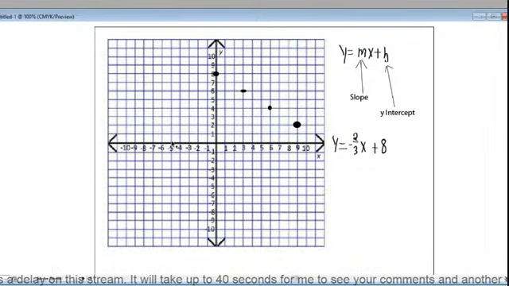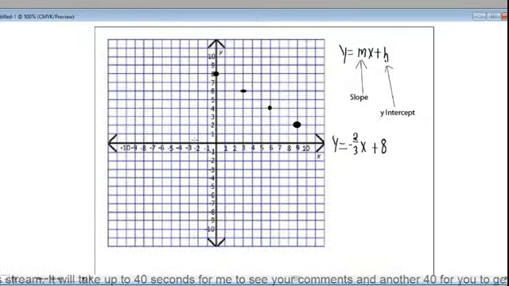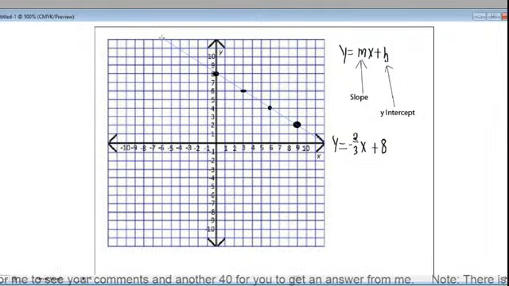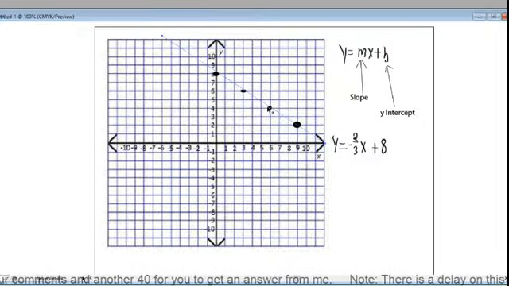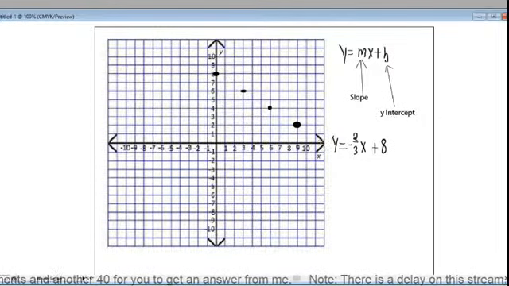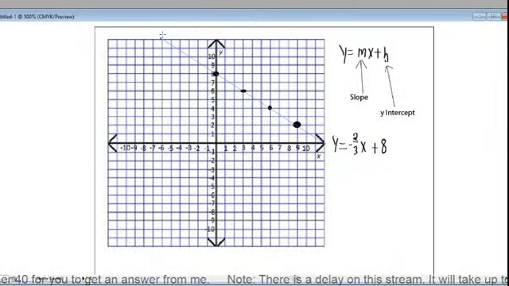Okay. And from this, we can then just connect our dots and find our line. So, let's see. 1, 2, 3, yeah. Our line is going to extend like that. Let's try that again. Our line is going to extend like this.